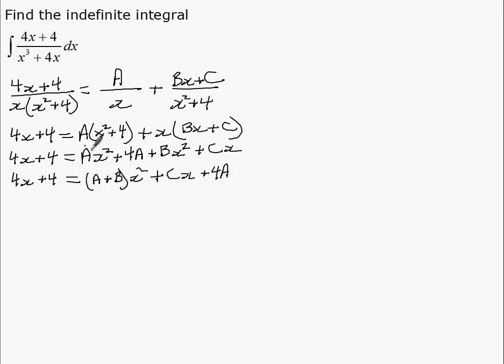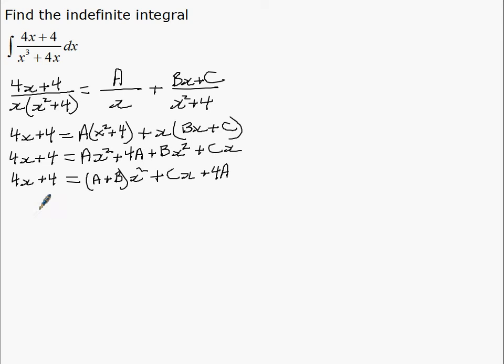So let's repeat a little bit what we did here. We multiplied a in with the x squared plus 4, getting these terms. Then we collect: we have x squared and x squared, so we factor out the x squared, leaving a plus b. The only x term is cx, so we have that, and 4a is our only constant.